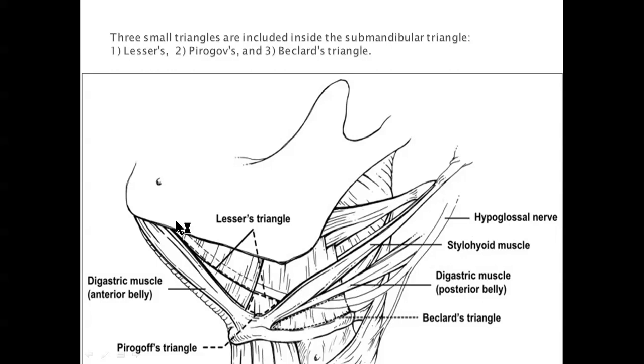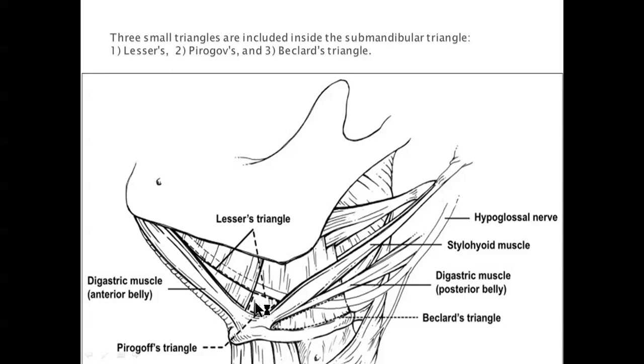The superior boundary would be the hypoglossal nerve, cranial nerve 12. The importance of the lesser triangle is related to your lingual nerve. So the lingual nerve can be easily found in this area.